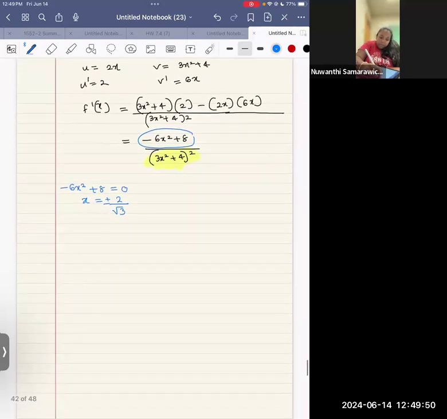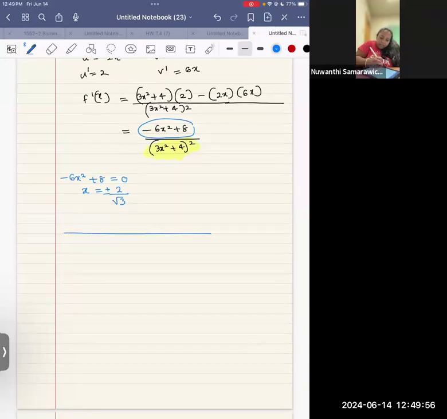Okay, now we need to check the sign test. So this is the numerator. If it is less than negative 2 over square root 3, what will happen?